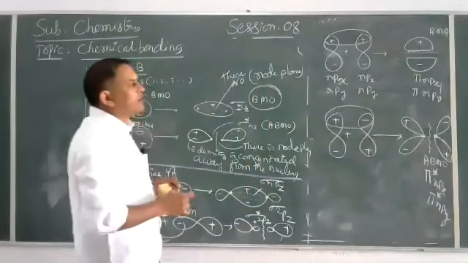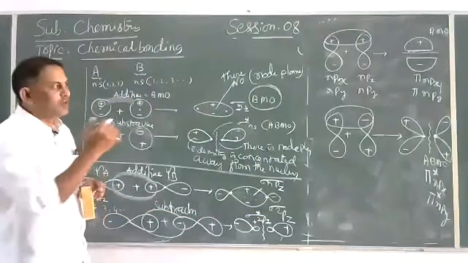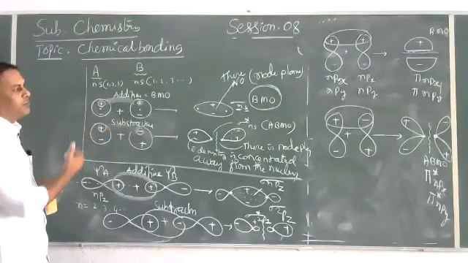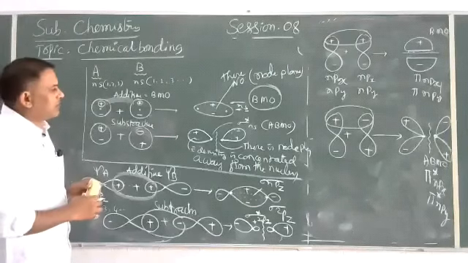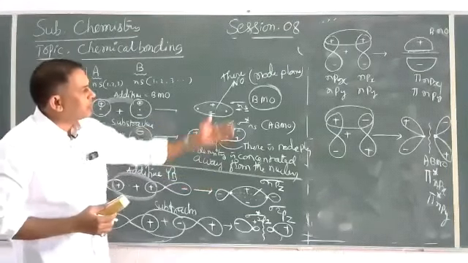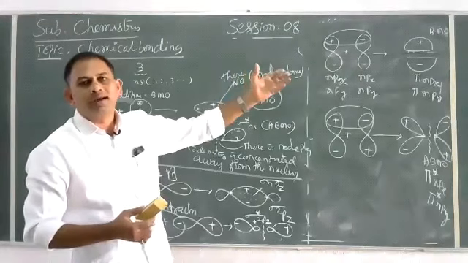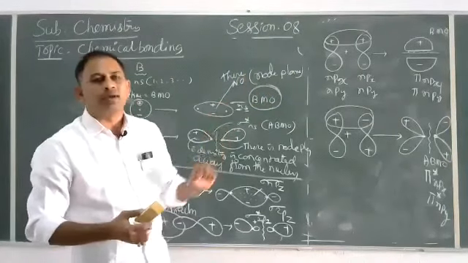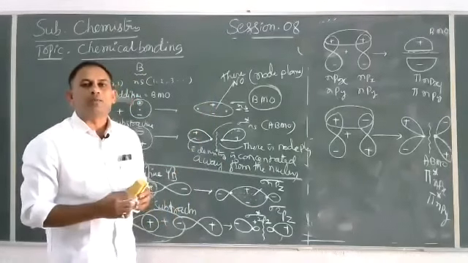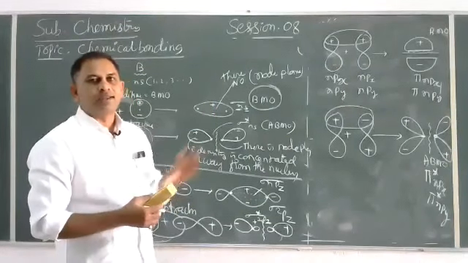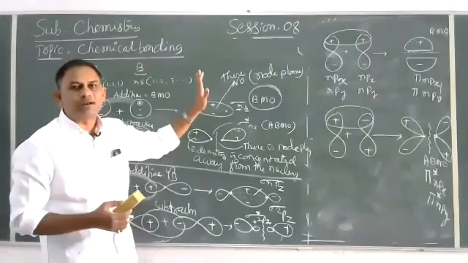These are the orbitals, linear combination, energy level diagram, orbital combination. In an objective exam, we can expect one question. They'll give any one combination and ask what type of bonding or anti-bonding molecular orbital it is, on the basis of MOT, molecular orbital theory. Okay, clear?